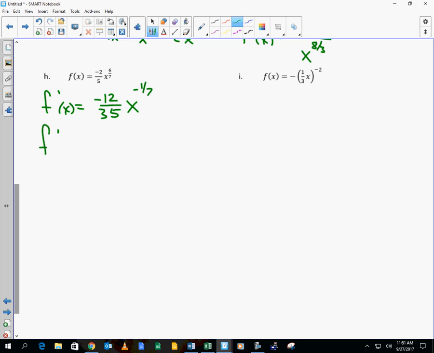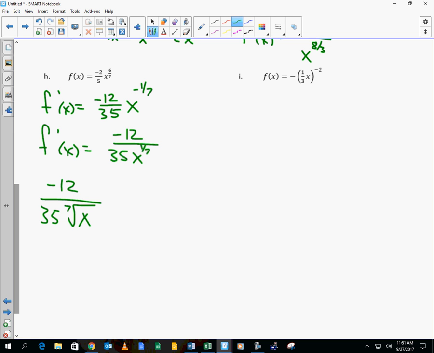So therefore, f prime of x is -12 in the numerator, and 35 in the denominator, along with x to the 1/7. Now, here's a question that people bring up. They're like, well, Mr. Getz, can I write -12 over 35 7th roots, or 7th root of x? I say, yes, those are the same.